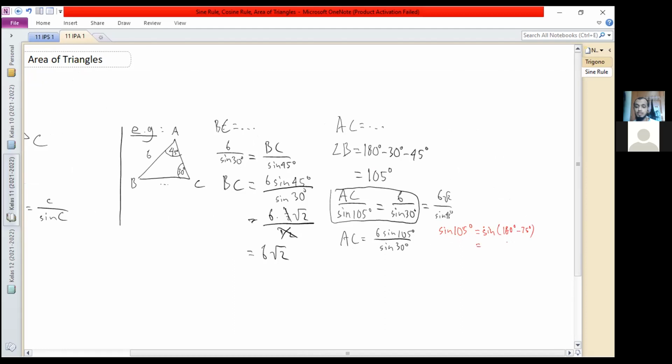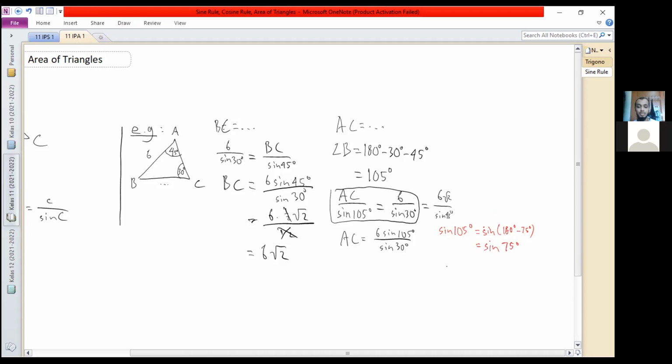So this is equal to sine, positive, this is the second quadrant so the sine is positive, of 75 degrees. Okay, but as you know, this is not a special angle, so we can stop there.